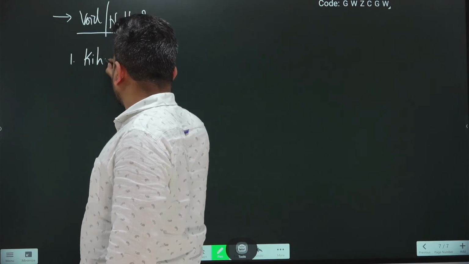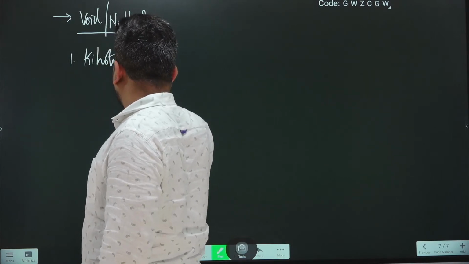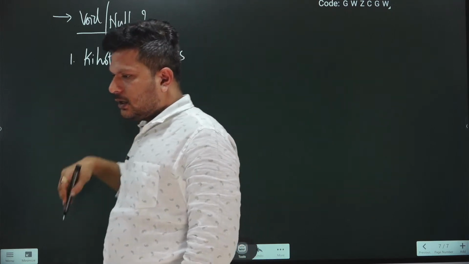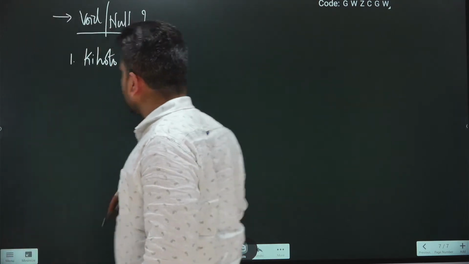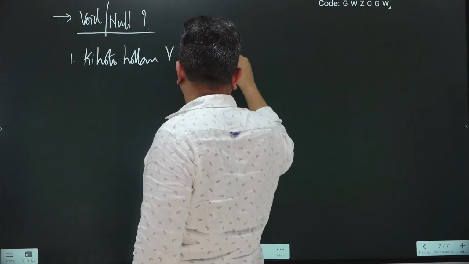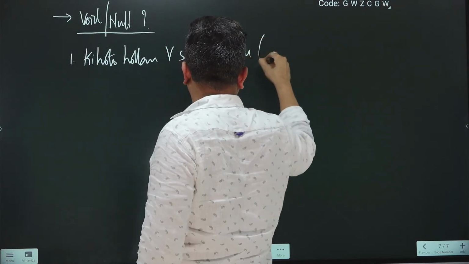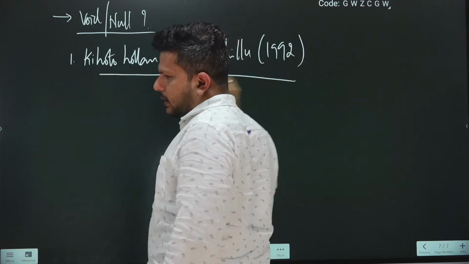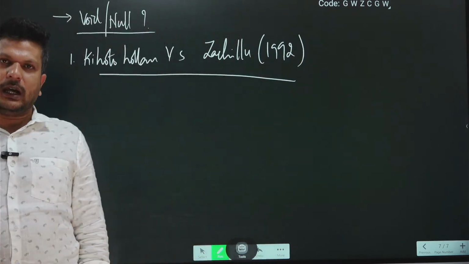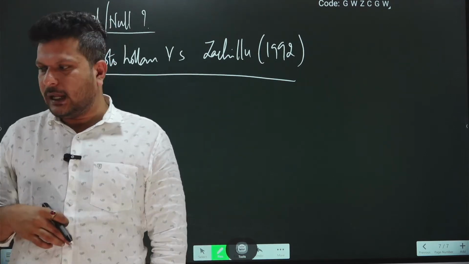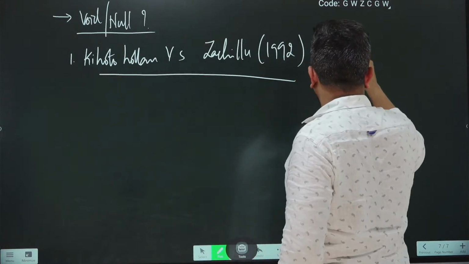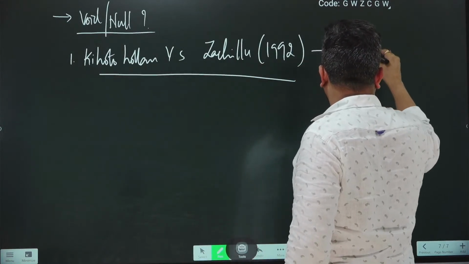One is Kihoto Hollohan versus Zachillhu 1992. Famously, this case is called the Kihoto Hollohan case. This Kihoto Hollohan case 1992 is also very famously called the anti-defection law case.